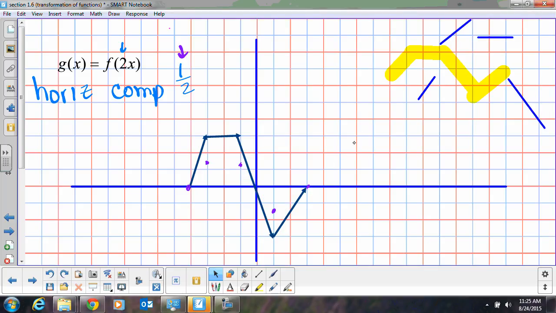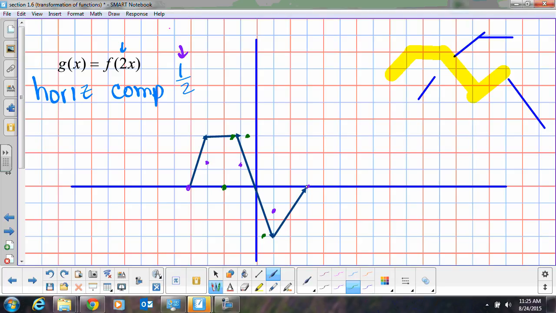Okay, so let's look at the x's. The x's get multiplied by 1/2. This x is 4, so it becomes a 2, negative 2. This x is 1, 2, 3. What's 3 times 1/2? 1 and 1/2 horizontally. This is 1, 1/2, correct? So this is 1, 1/2.